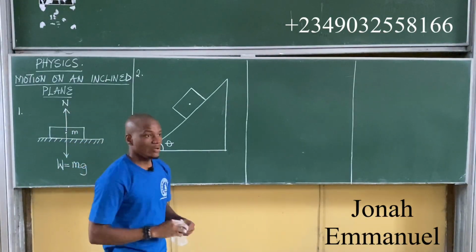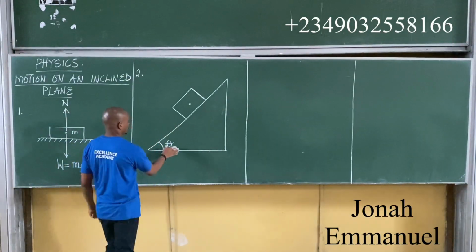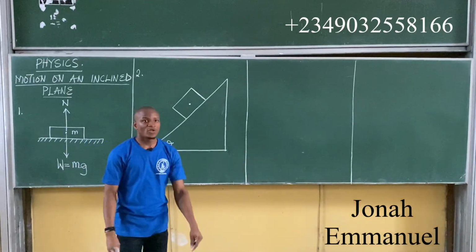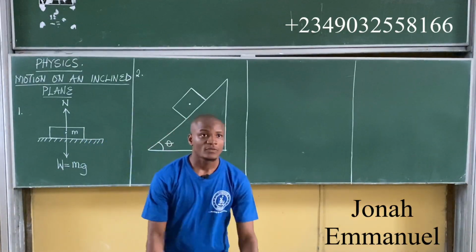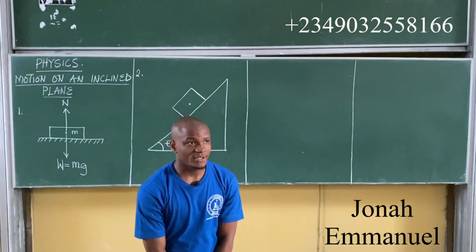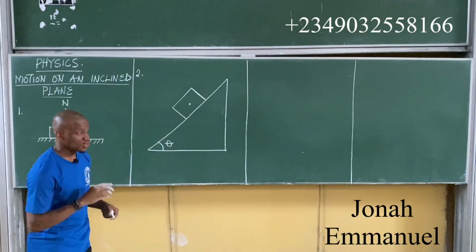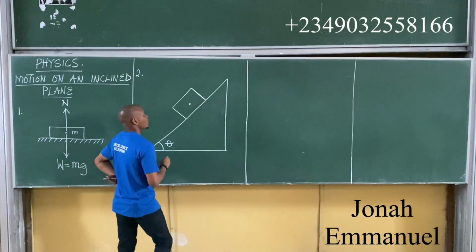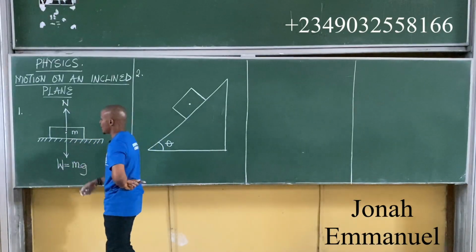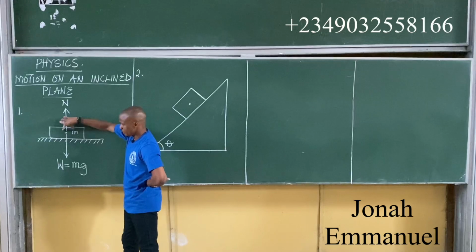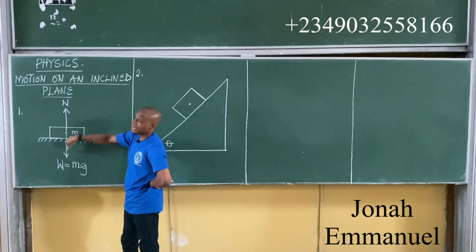Alright, look at this. Let's call this angle theta. Look up please. Here's what to note about an inclined plane. Number one, if I look at this case, I'm seeing the body and the weight acting downwards.